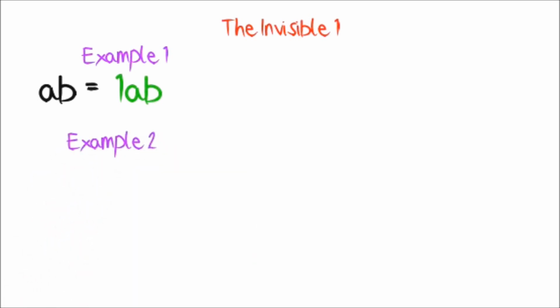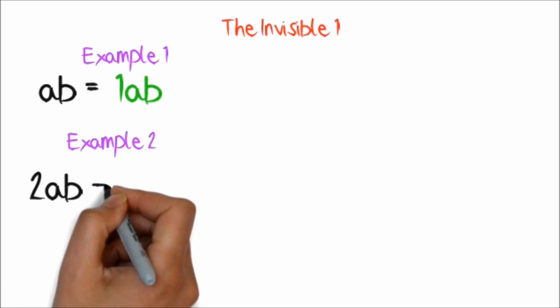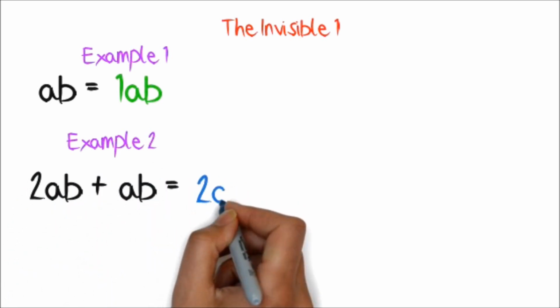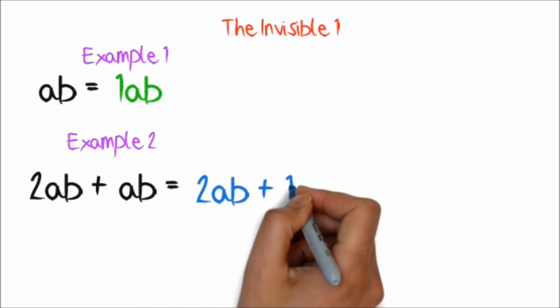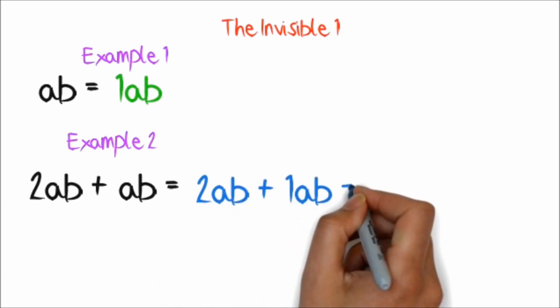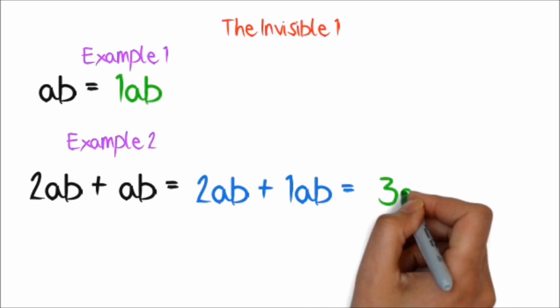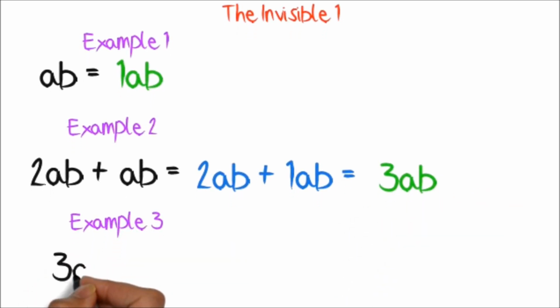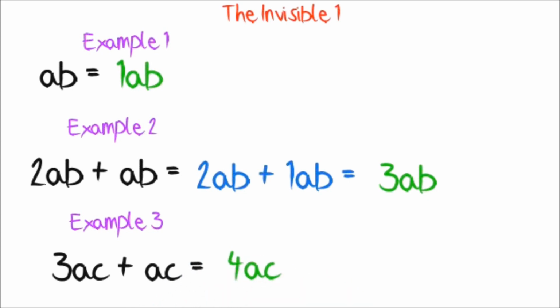Example: 2ab plus ab equals 2ab plus 1ab, which equals 3ab. Again, 3ac plus ac will be equal to 4ac, because ac is the same as 1ac.